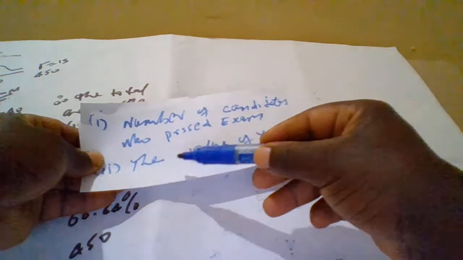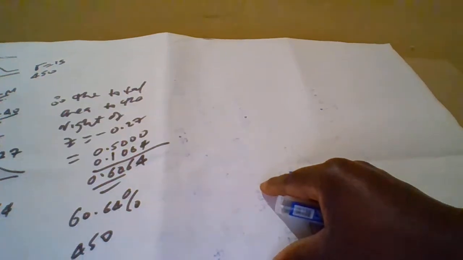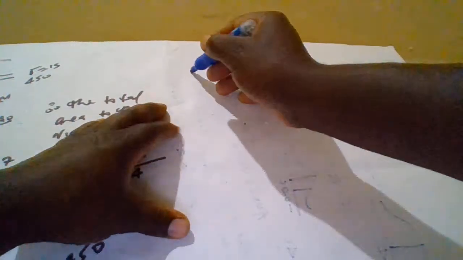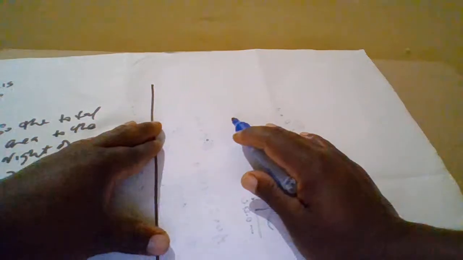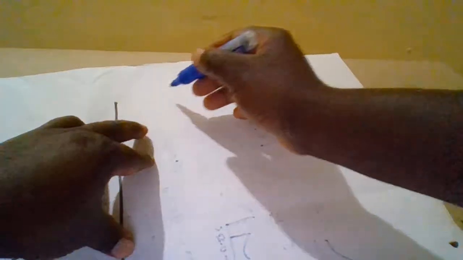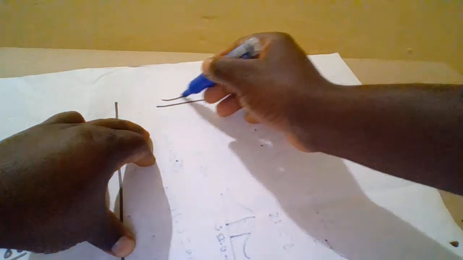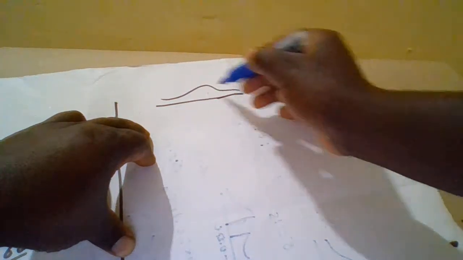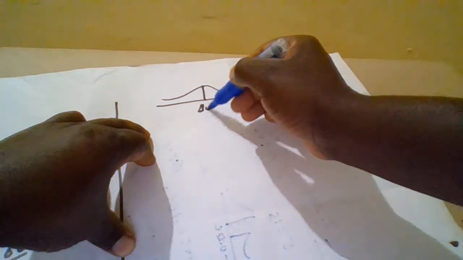Then Roman 2, the value of X. Okay, so we can also calculate the value of X. We sketch our normal curve. This is 40.